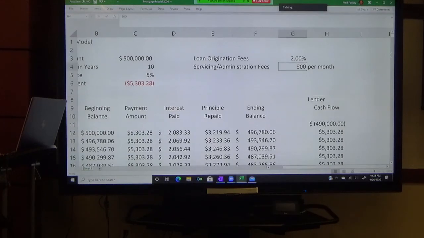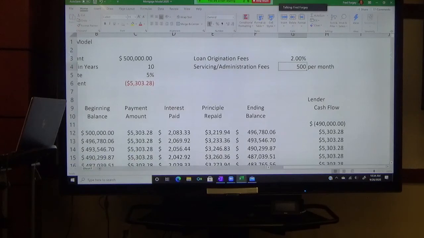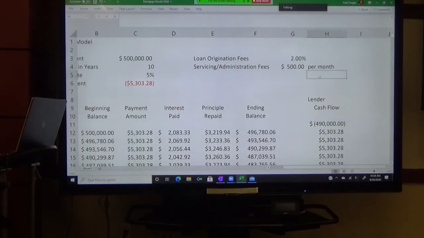Okay. And also clean that up a little bit. So, how's that going to affect our cash flow down below? You have to add it to the payment. We have to add it to the payment.